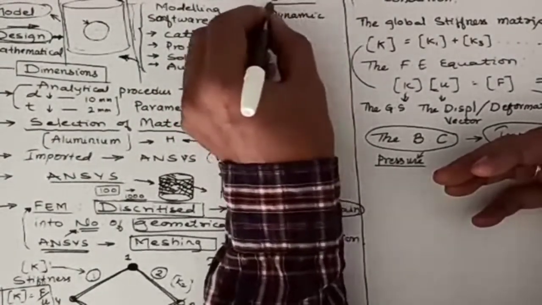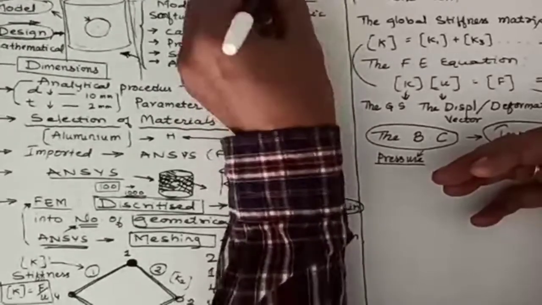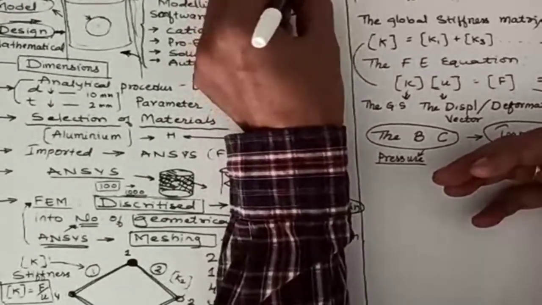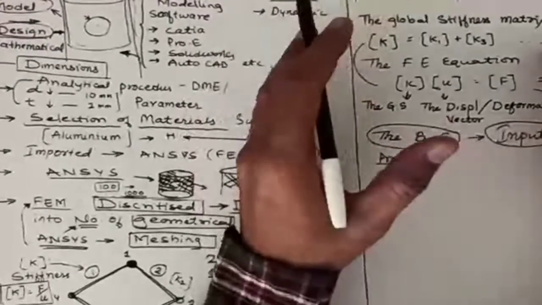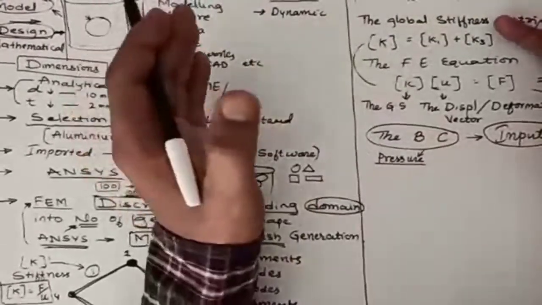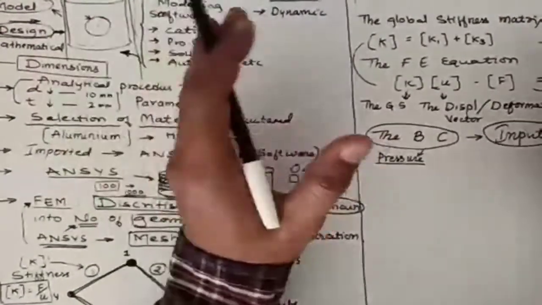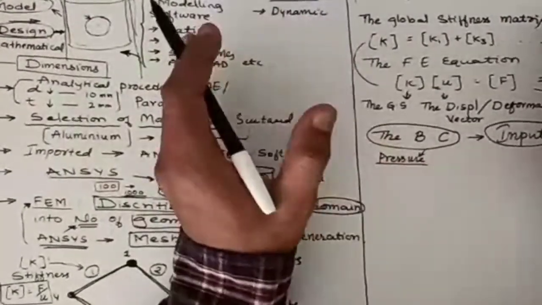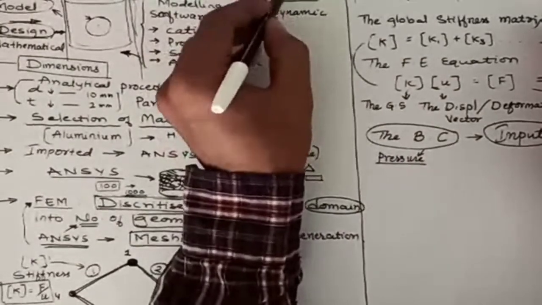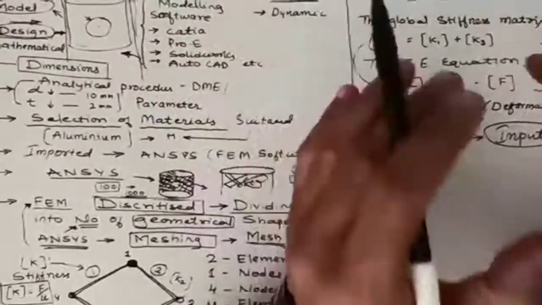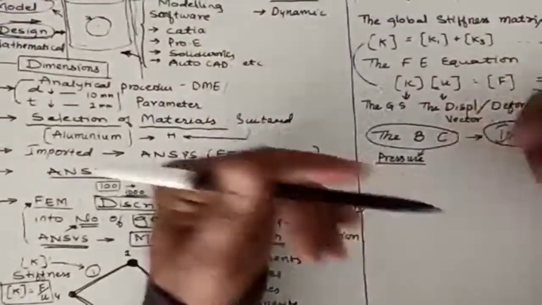Static is when you are going to analyze the body at rest. It may be a beam element or structural element, where the body is fixed somewhere and cannot move. That type of analysis, when it is under rest, we call a static analysis.